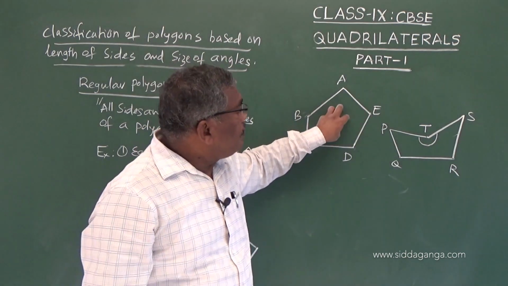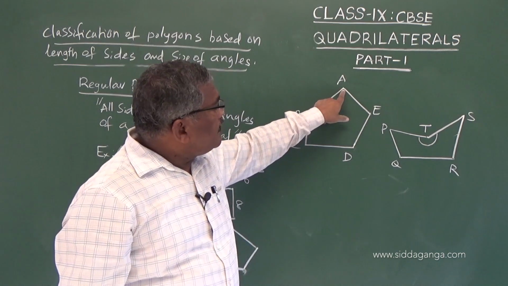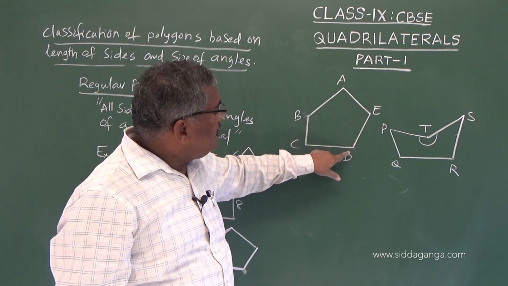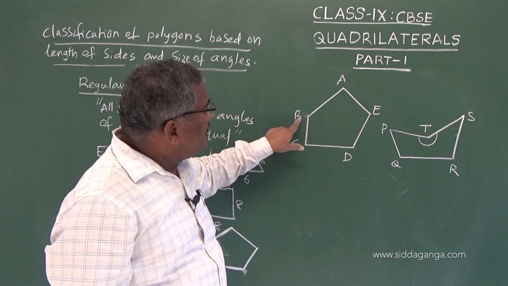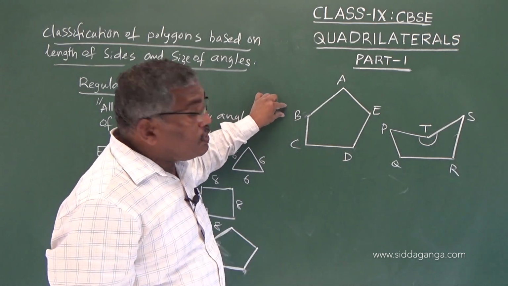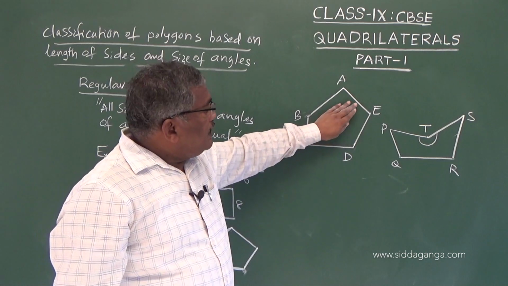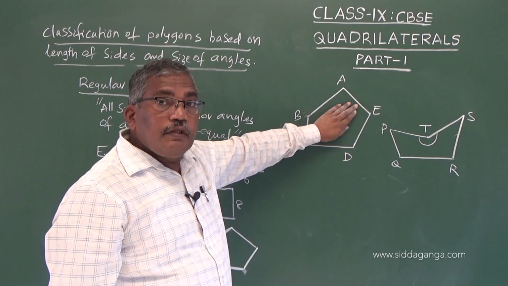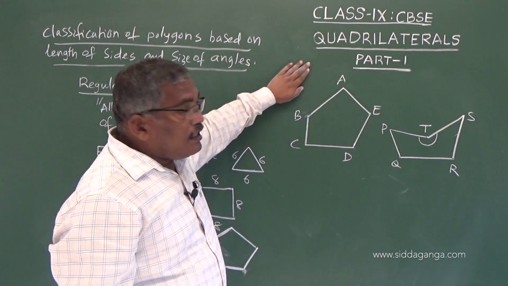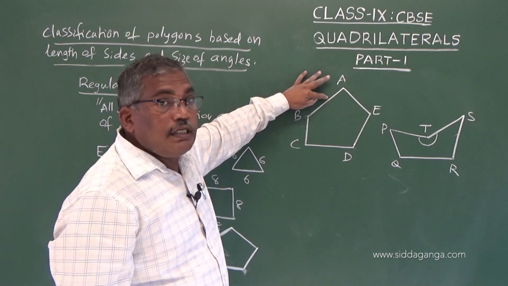Here you observe all these vertices A, E, D, C, B are pointing towards the outside of the figure. This is the inner region, this is the exterior region, and this is the boundary region.